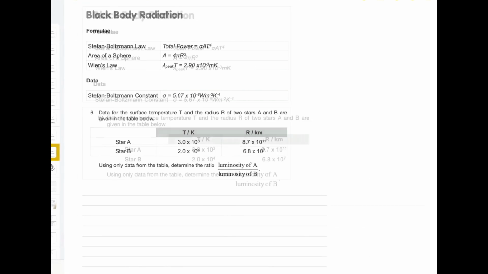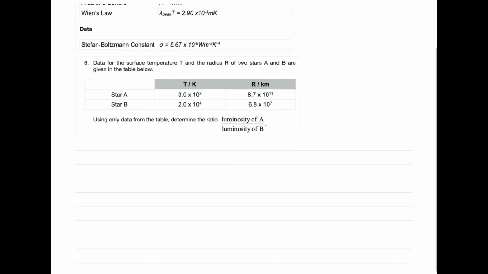Question 6. Data for the surface temperature T and the radius r of two stars are given in the table below. Using only data from the table, determine the ratio of luminosity of A over luminosity of B. Okay, so luminosity of A is equal to sigma 4 pi radius of A squared times temperature of A to the power 4.